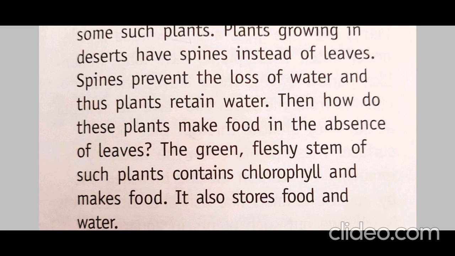The fleshy stem, whatever green colored part you are seeing, is actually the stem of that cactus. It is a fleshy stem and they carry out photosynthesis. The green leaf-like structures which we see in the cactus plant are actually its stem. Cactus plants store water in the stem.